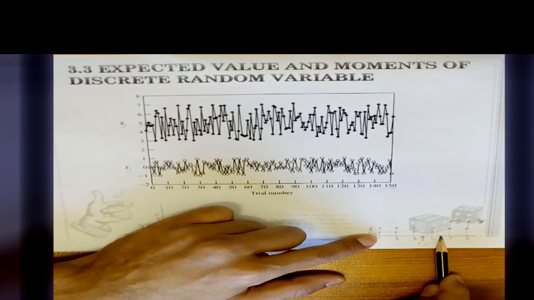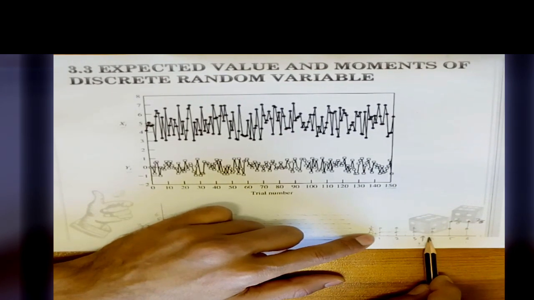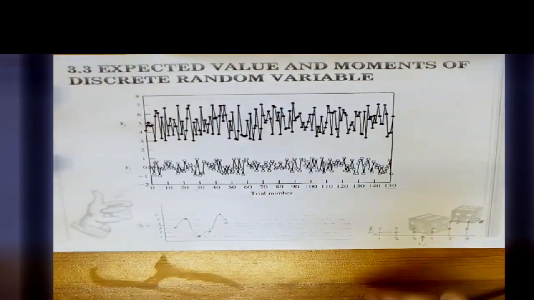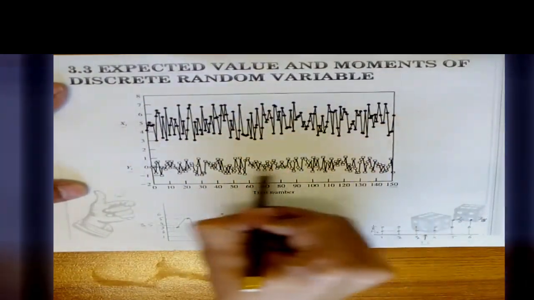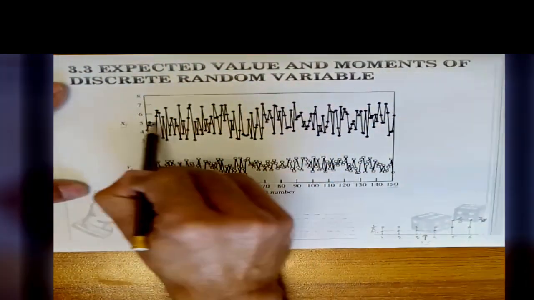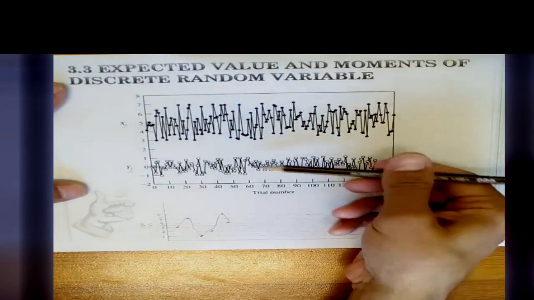And the same thing will happen to the expected value. The expected value will be more than 3.5. So the expected value can be thought of as a center of gravity of the probability mass function. And you can think of it as the mean value, the center value around which the random variable is spread.